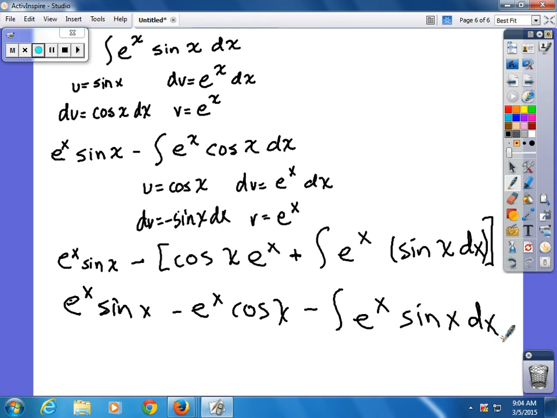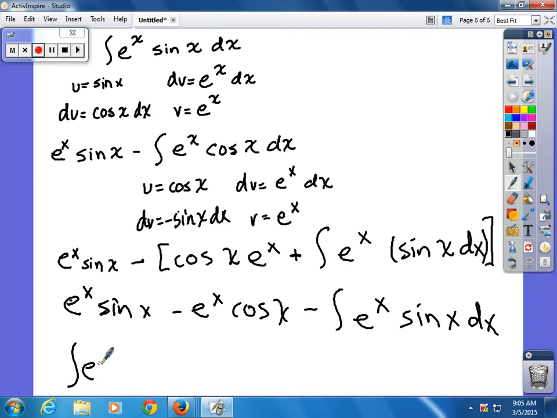That's where the negative comes from. And now you have this equaling this, so let's just rewrite it and then I'll take it over to the next page.